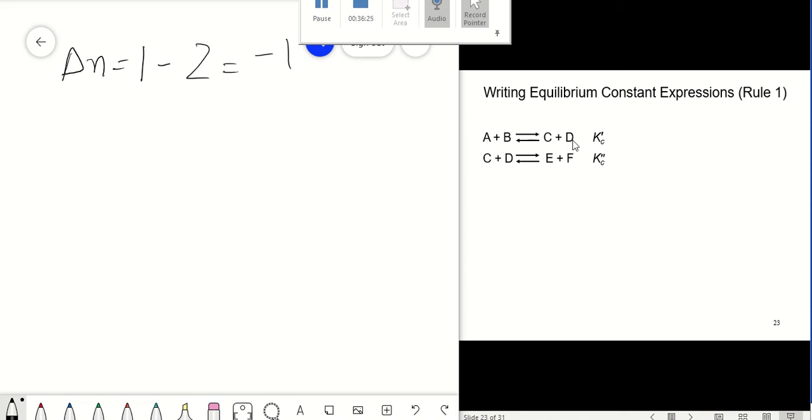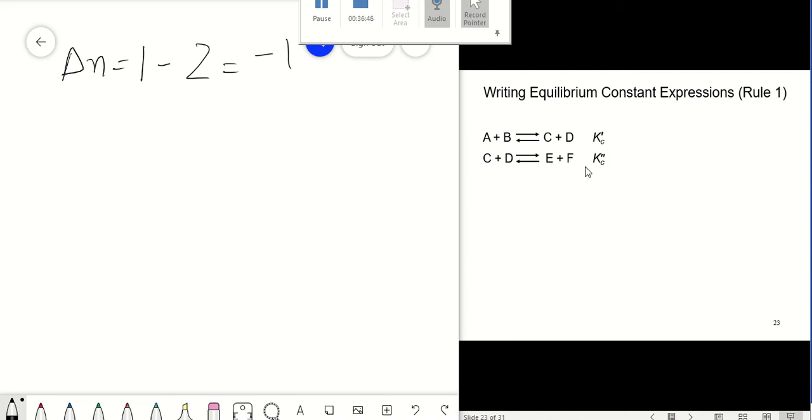If we take this example, we have a particular reaction A plus B changing to C plus D, a reversible reaction. The equilibrium constant for this reaction is Kc prime. There's a second reaction where C plus D is changing into E plus F. Again, it's a reversible reaction.